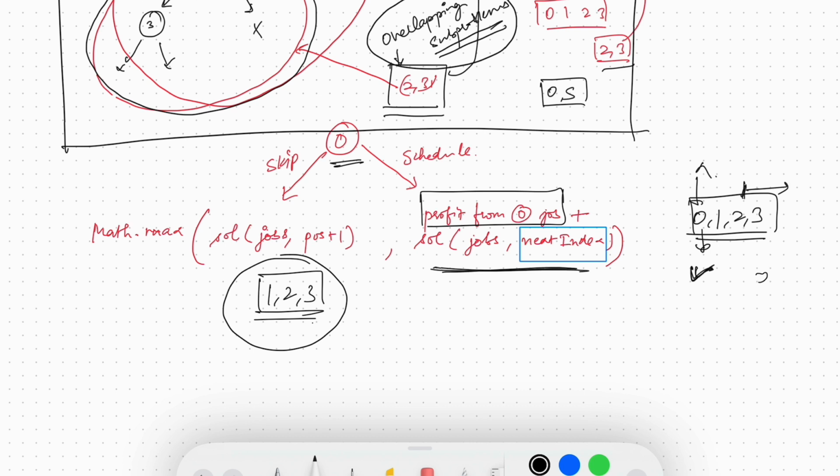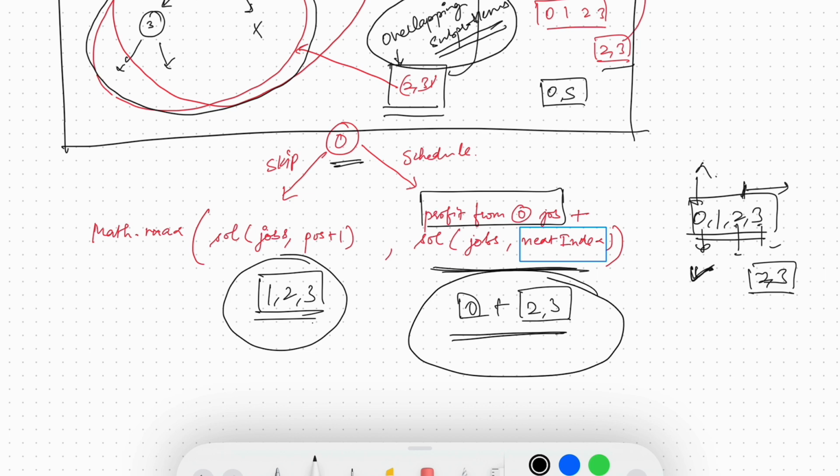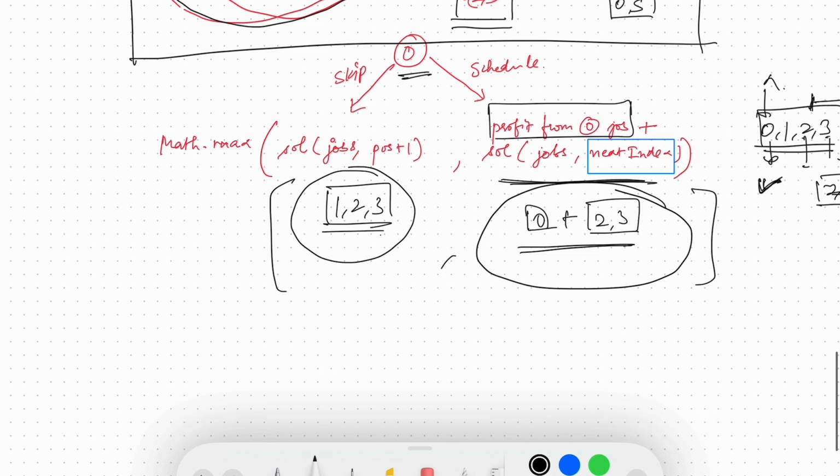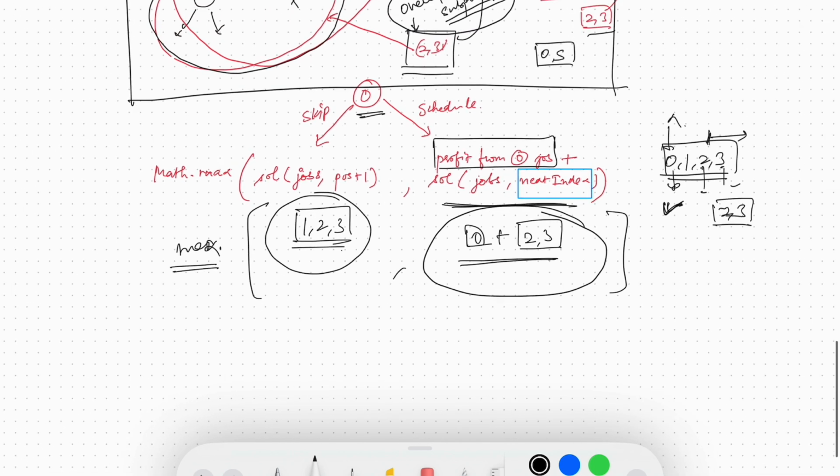The next valid index here is 2 and 3, because 2 we can schedule safely if we schedule 0. So the profit from 0 job and then the profit from 2 3 jobs combined is the candidate. These two are our candidates for our answer, and we have to return the maximum value among these two.